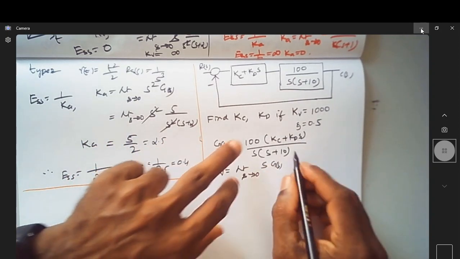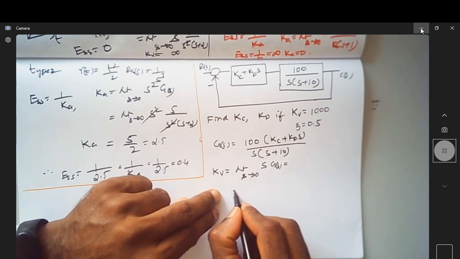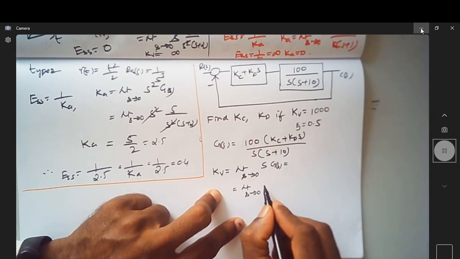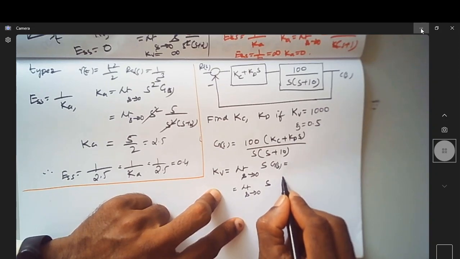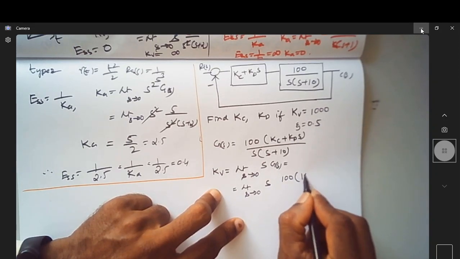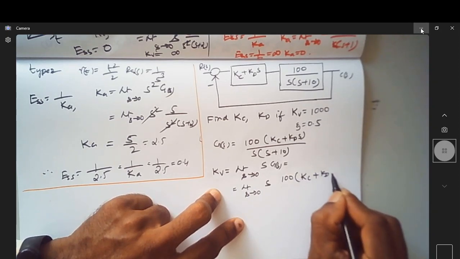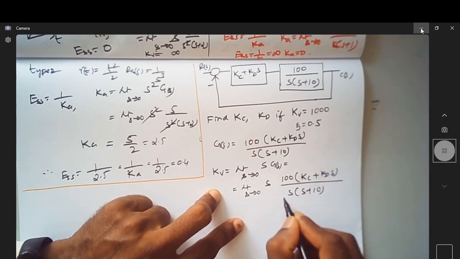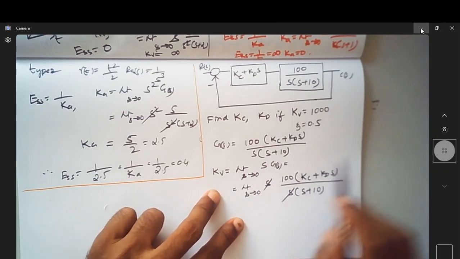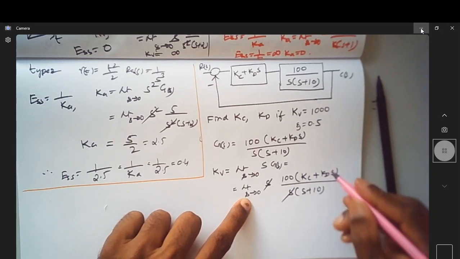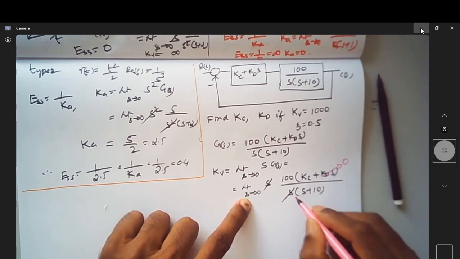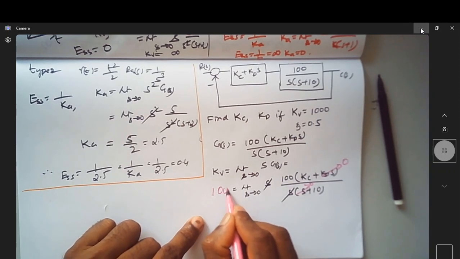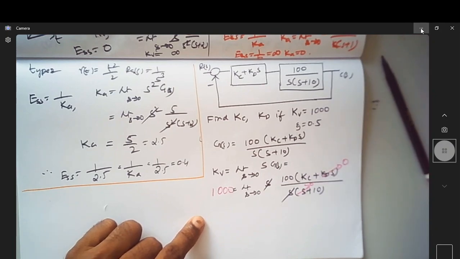So it is limit of S tending to 0, S into 100 into Kc plus Kd into S divided by S into S plus 10. This S will go with this. When I apply that limit of S tending to 0, this will become 0, and of course we know that Kv is 1000, given.